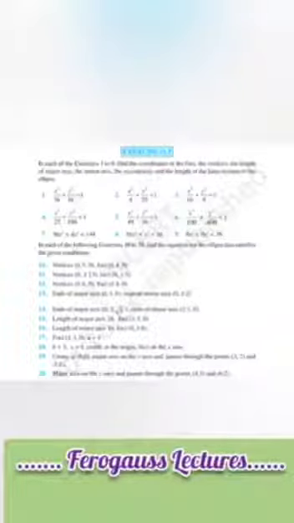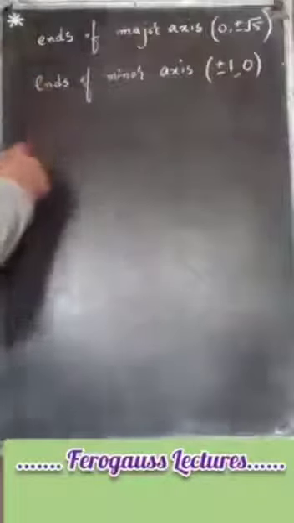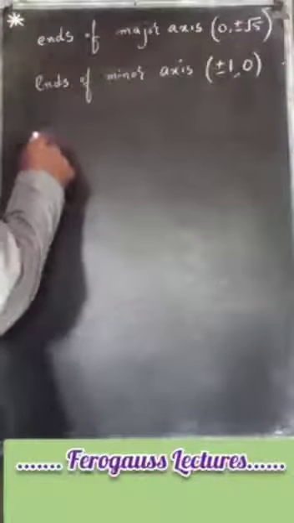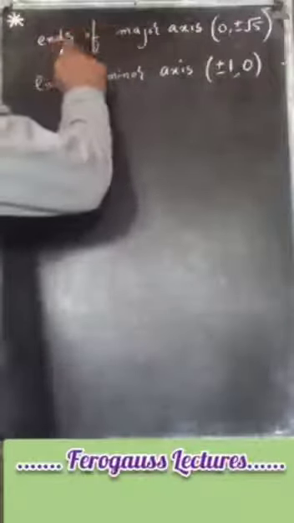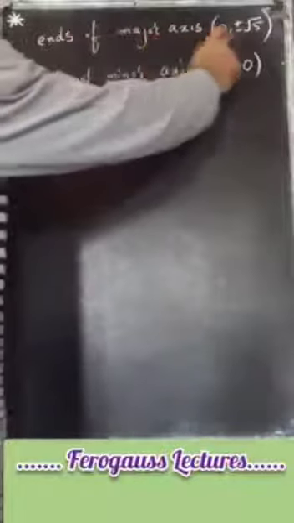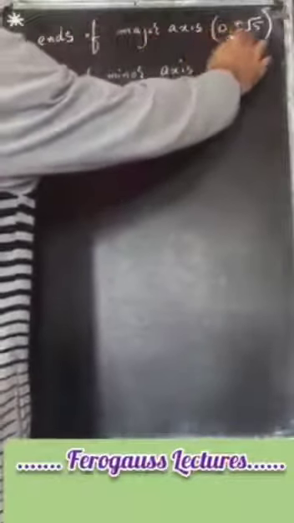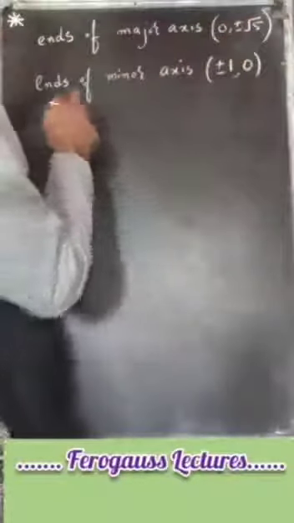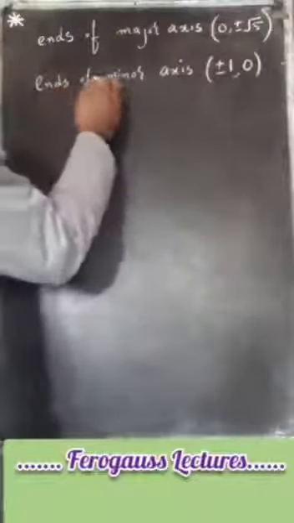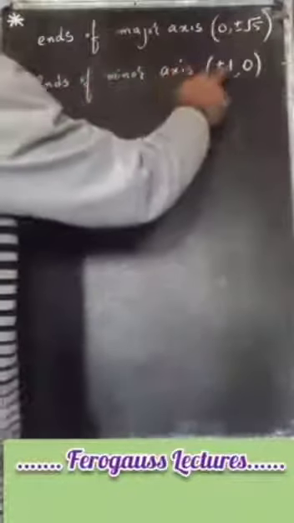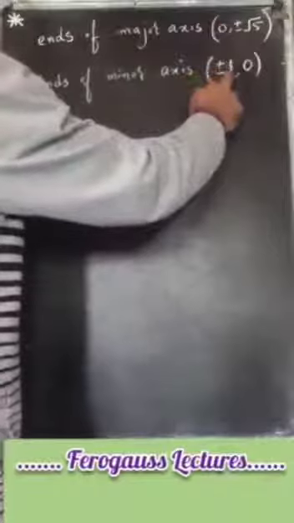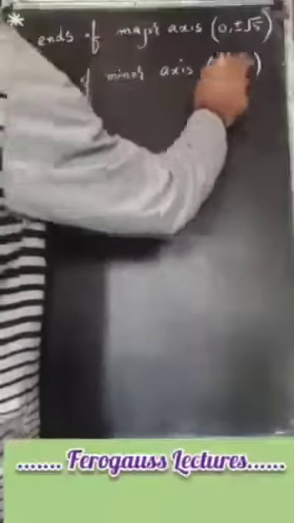Now we will take question number 14. Now in this question we have to find equation of ellipse where coordinates of endpoints of major axes are given as 0, plus minus square root of 5, and coordinates of endpoints of minor axes are given as plus minus 1, 0.